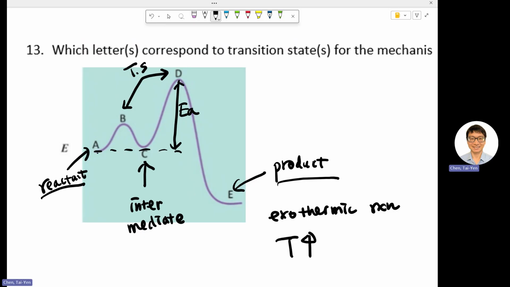Two steps. One more question: which peaks can be influenced by the catalyst? Catalyst only influences the activation energy, so it will be D.